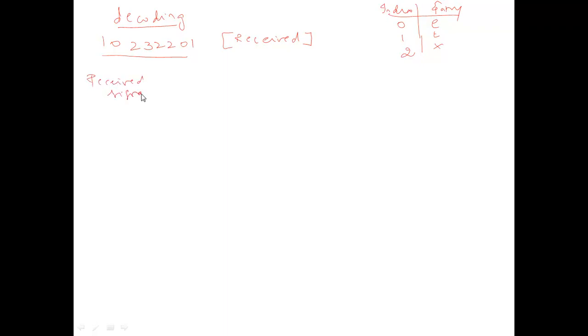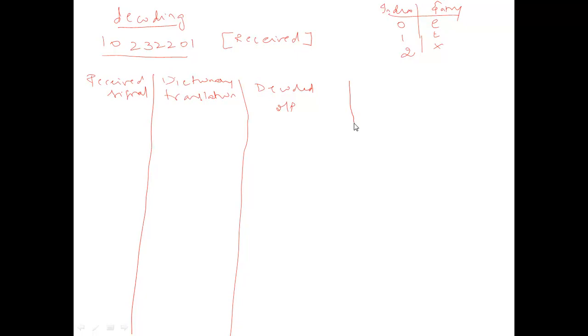Say the first column is the received signal, the second column is the dictionary translation, the third column is the decoded output, the fourth column is the current string, and the fifth column is the new dictionary entry of the receiver side.